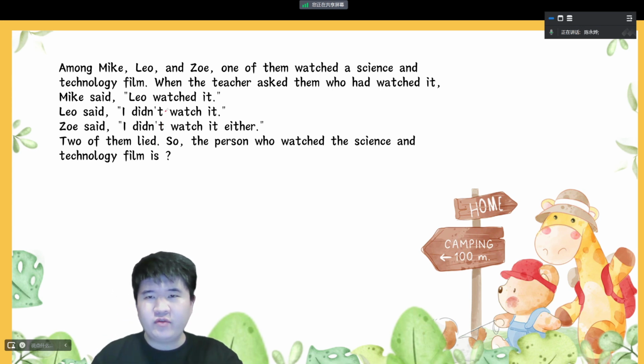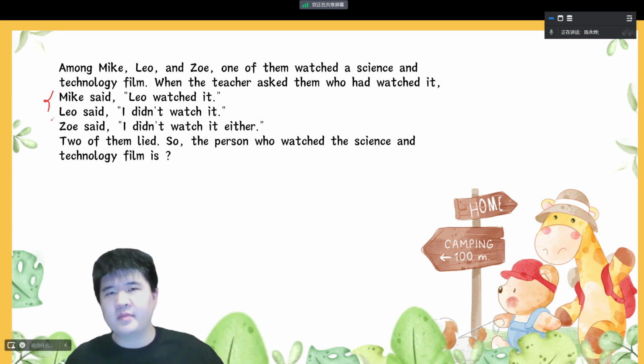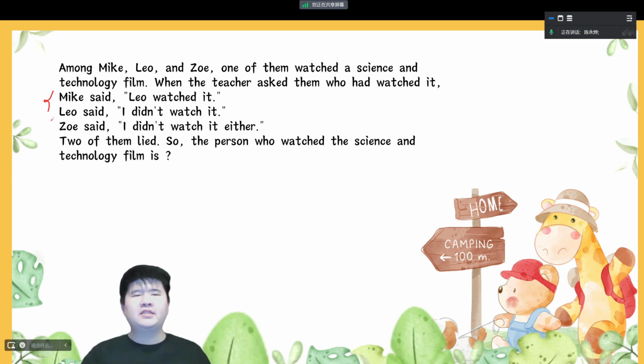If you have a sharp eye, you will directly find that the statements of the first two are totally opposite to each other. Mike says Leo watched it. Leo says I didn't watch it. So has Leo watched or not? It's not Schrodinger's cat.